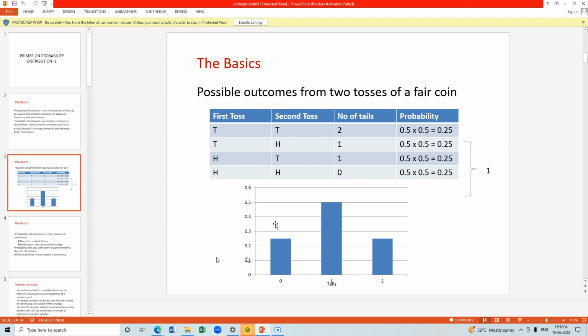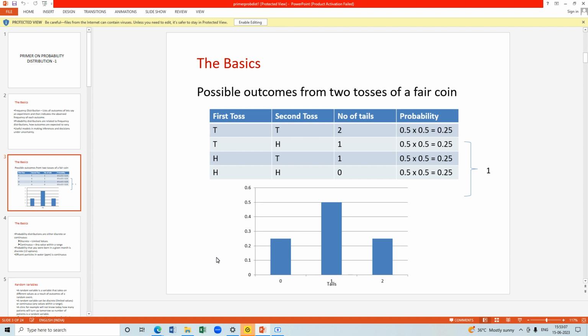So let's start with a fundamental example, widely used in most statistics textbooks to explain the concept of distribution. You have two fair coins, on which you're going to do two tosses. The first outcome can be a tail and a tail, which is two tails, with a joint probability of 0.5 times 0.5, which is 0.25.